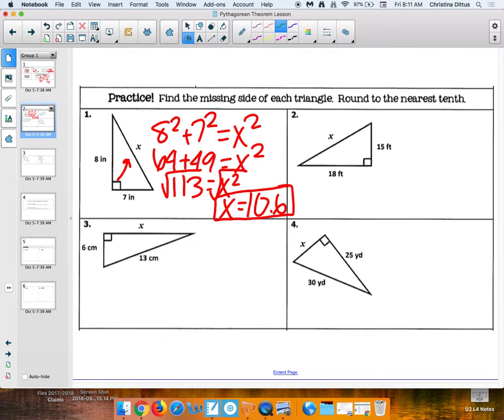Alright, number 2. Is x a leg or hypotenuse? Hypotenuse, so set up my equation. C squared or x squared, it doesn't matter. 15 squared is 225. 18 squared is 324.